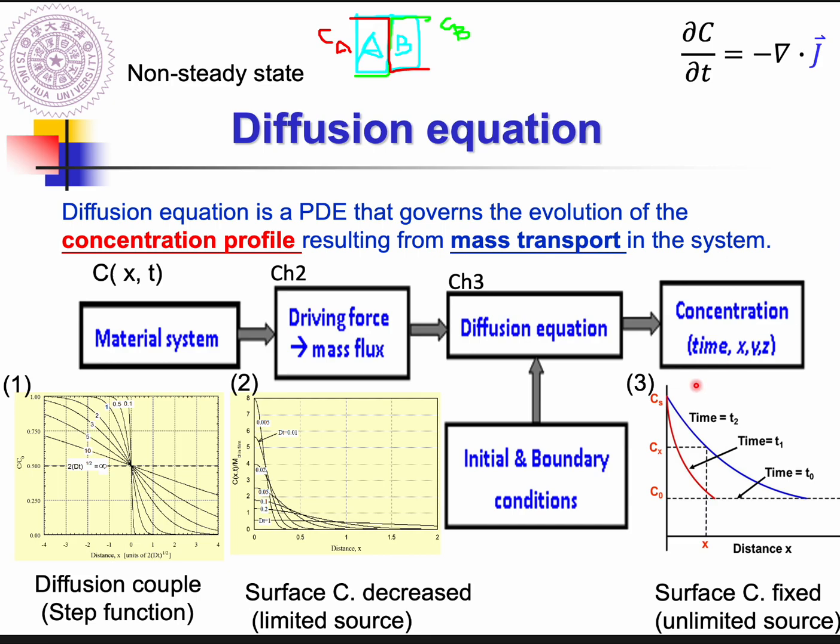Under this situation, the surface concentration of carbon will for sure be fixed. Under this situation, diffusion happens, so we can observe the diffusion profile. Okay, so these are the three material systems we are going to deal with. And don't forget, as long as we formulate the diffusion equation, with the help of initial and boundary conditions, hopefully we can get the corresponding solutions for these diffusion equations.